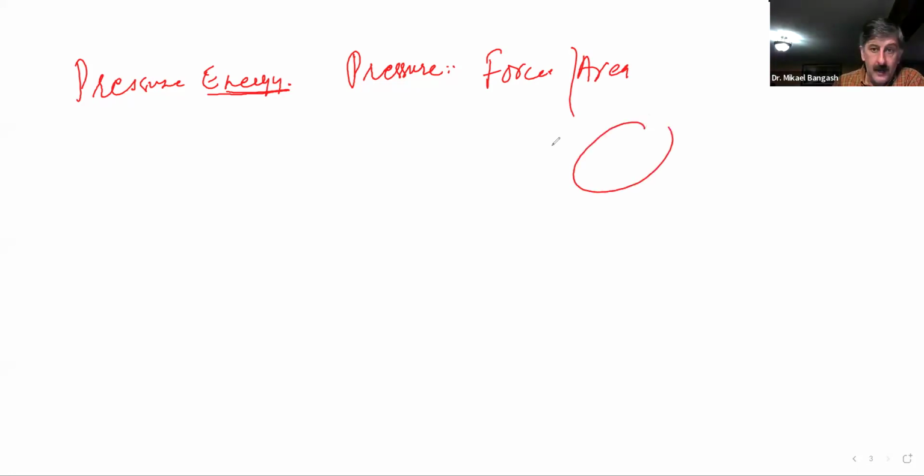So if we had an area and we apply a certain force on that area, that force over that area is what we call pressure. This force is the energy that is transferred over to an area. Clear? Now, pressure energy by nature is a form of potential energy.